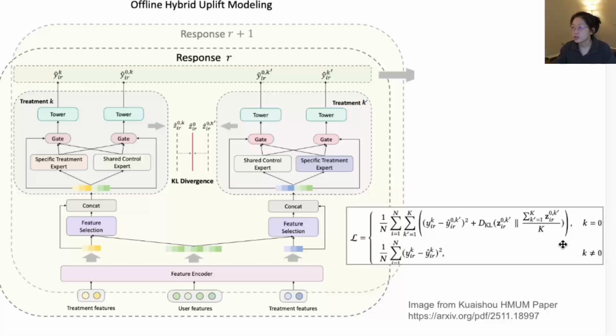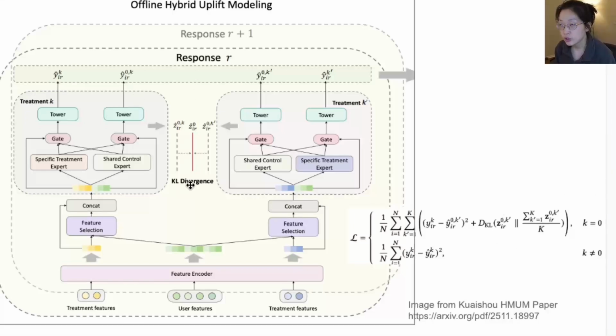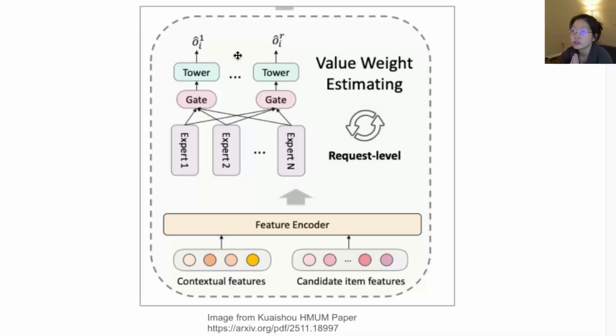This is a mean because it is divided by K. Z is the score of the predicted control response, and this is for K prime. Essentially, with this KL divergence component, you make sure that all the branches' predicted control responses converge to the same.